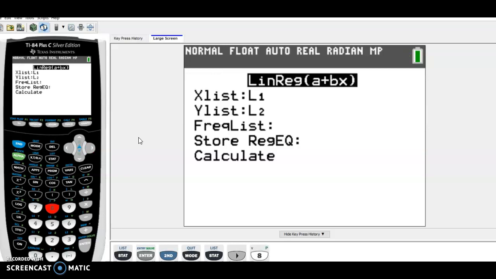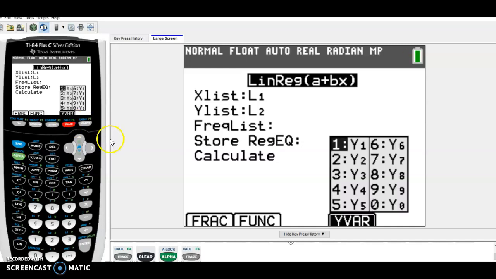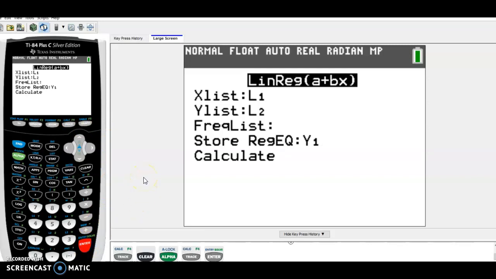So if we go to number 8, it asks for list 1 and list 2. And if we go down to store regression equation, this is so that if we wanted to put it directly into y equals, just to preserve those decimal points, the shortcut is alpha trace. And that brings up all the y vars. So this is just telling me it's going to store it into y1 for me.